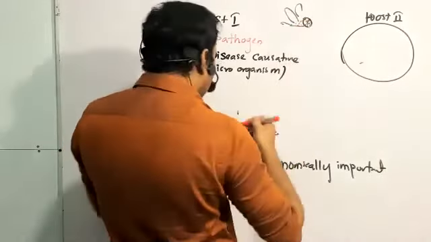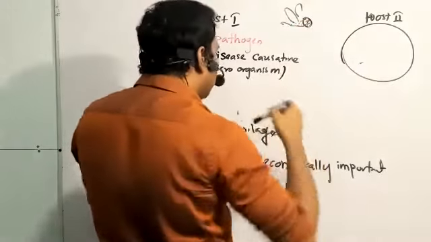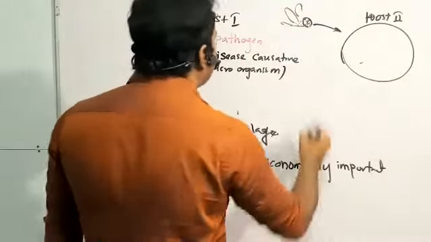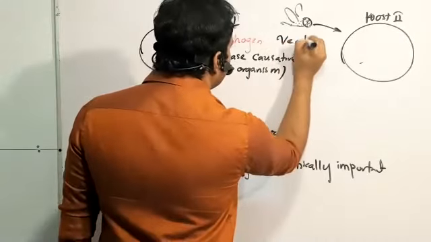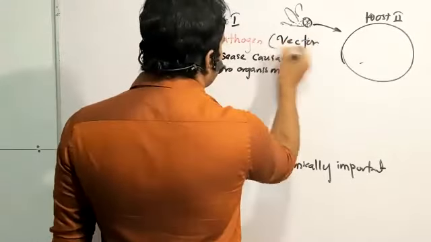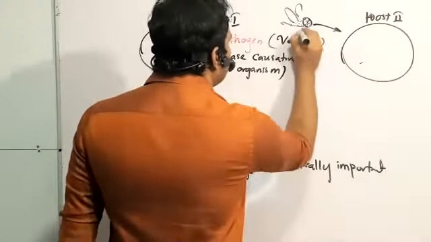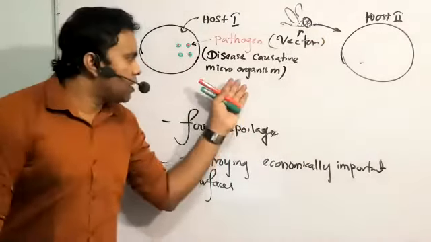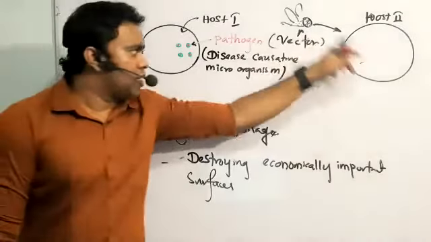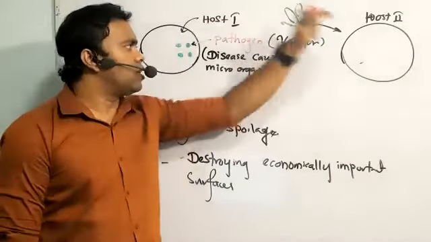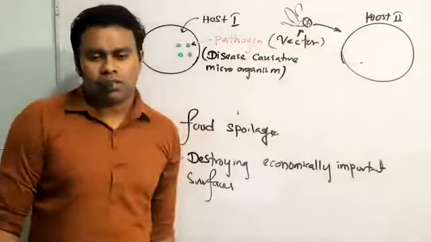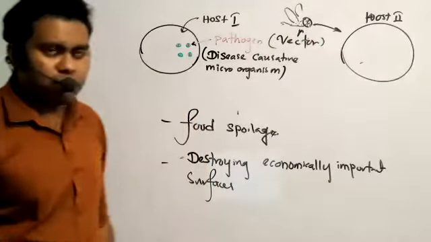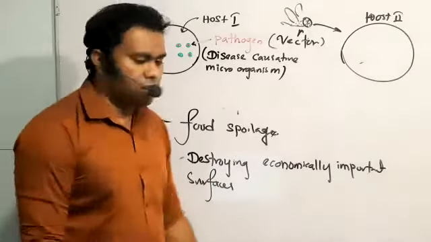The housefly carries it to Pabasara, the host. This is known as the vector. Okay, so this organism is the vector. So the disease causative microorganism is transported from one host to another host by a vector. Vector organisms: housefly, mosquitoes can be taken. Okay, good.